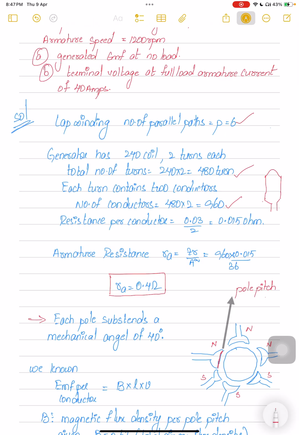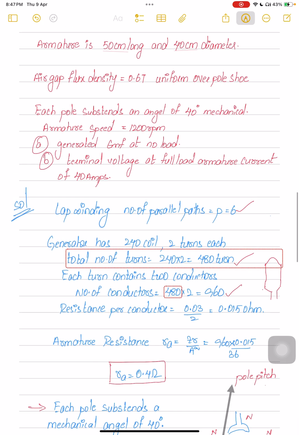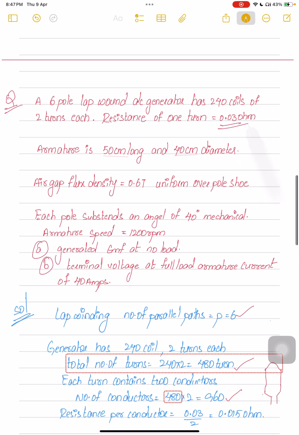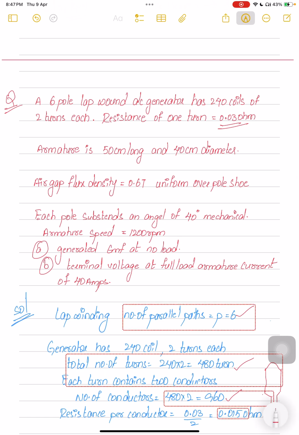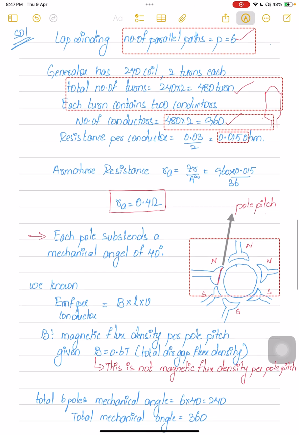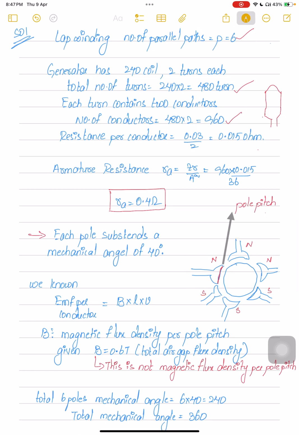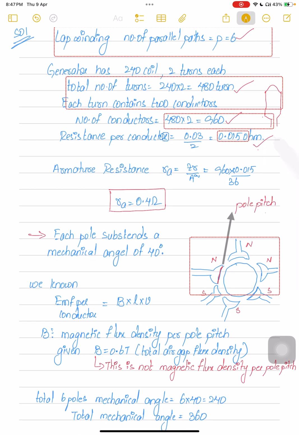The given resistance of a turn is 0.03 ohm. Then the resistance per conductor will be the turn resistance divided by 2. Then we need to find the armature resistance.